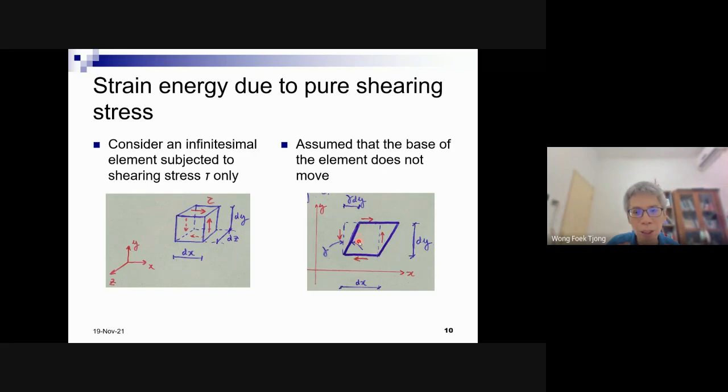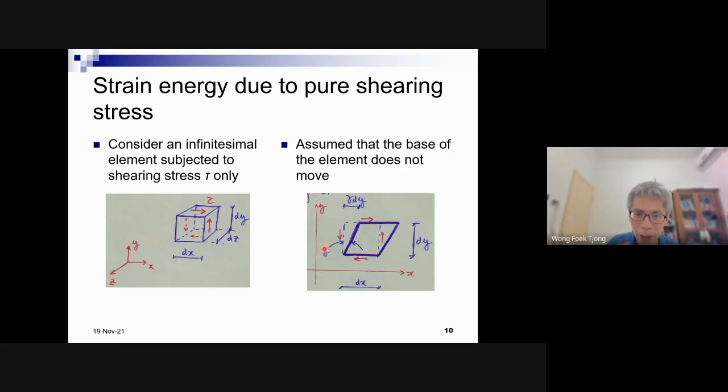And then there will be some deformation. The deformation is measured by the change in angles, right? Or the change in the slope of this line. The slope of this line is gamma, or you may interpret it as the angle.